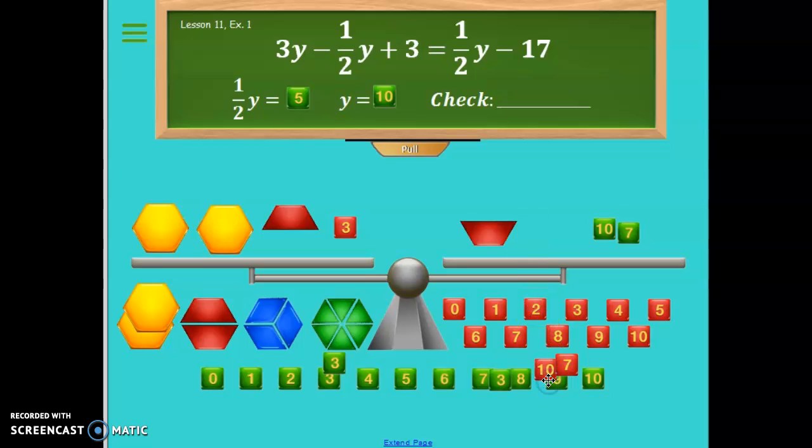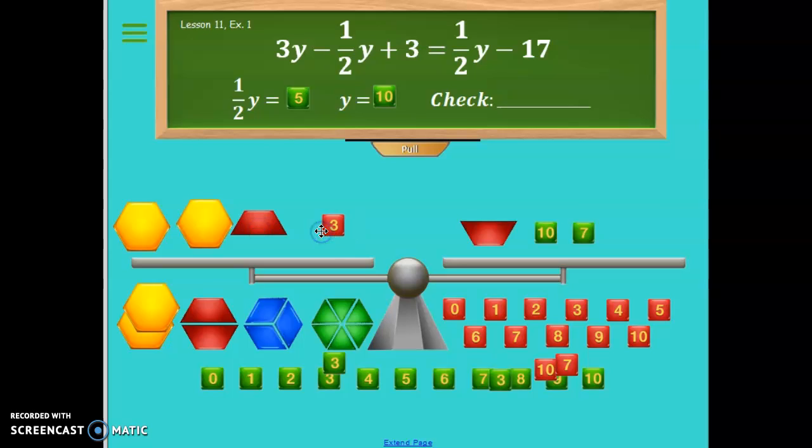Okay, so this should be our original physical setup. We'll go ahead and substitute the values of y and 1/2 of y. So we've got negative 10, negative 20, negative 25. A negative 25 and a positive 3 is going to give us a negative 22.